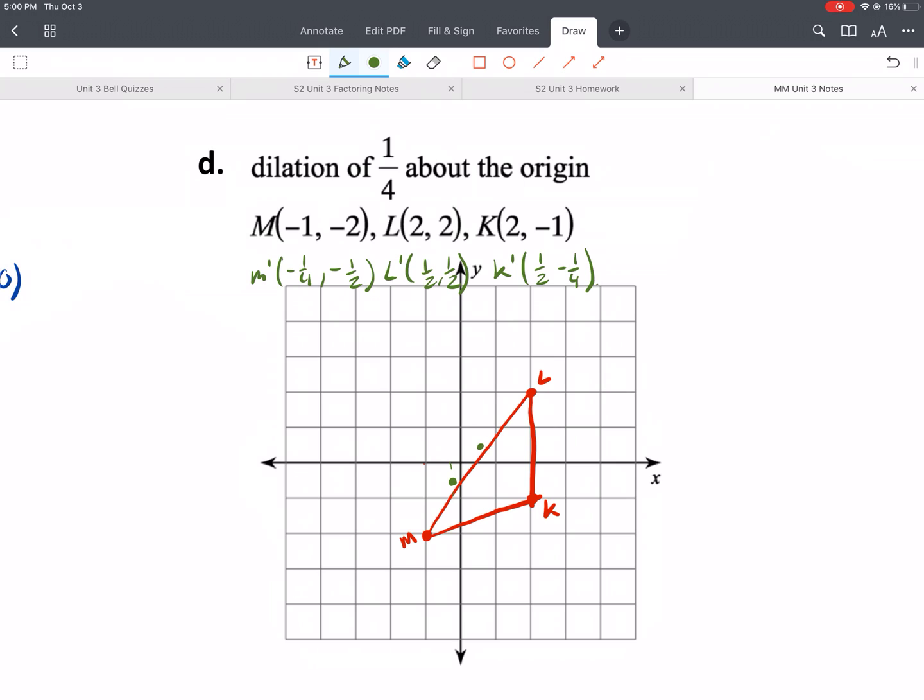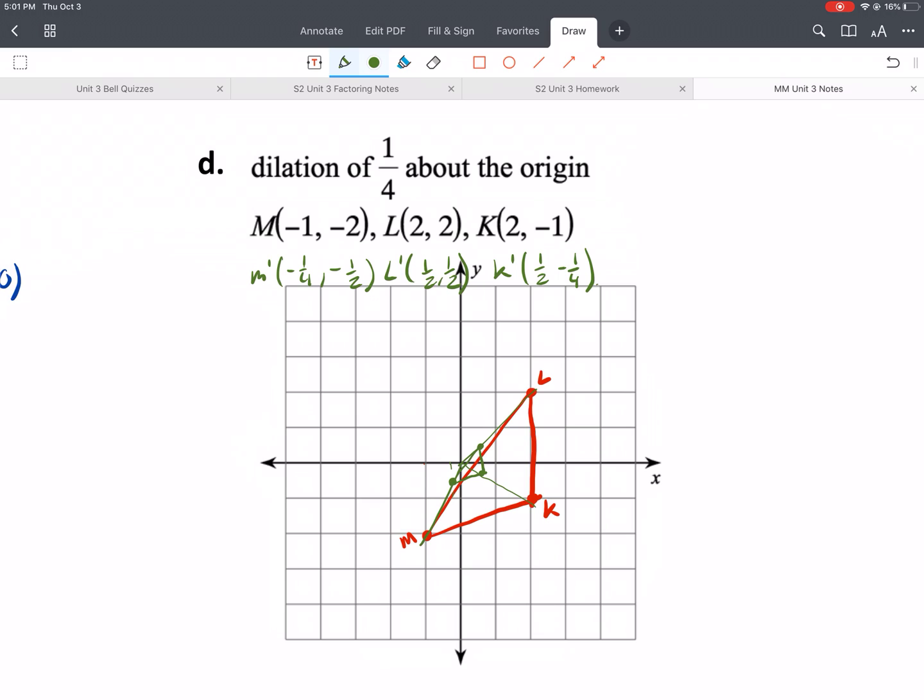And then we'd do 1/2, -1/4, which would be like right here. Okay. All right. And again, if you wanted to, you could do those lines. They should go through all of those points.